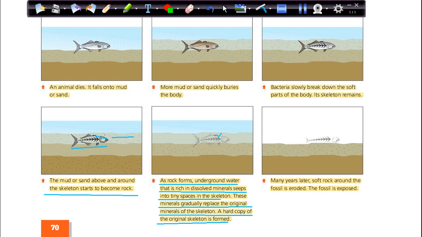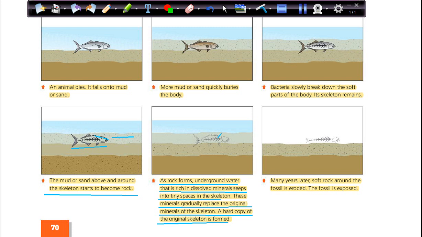So these minerals found in the water get into the skeletons and replace the original ones. Here they will calcify, becoming strong and hard.